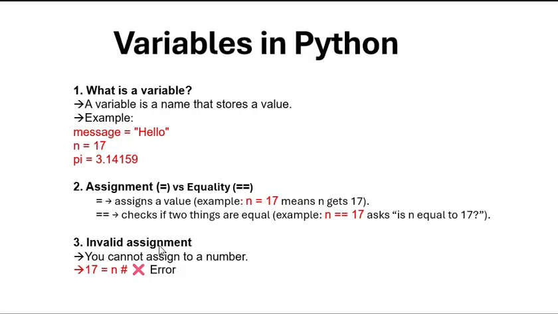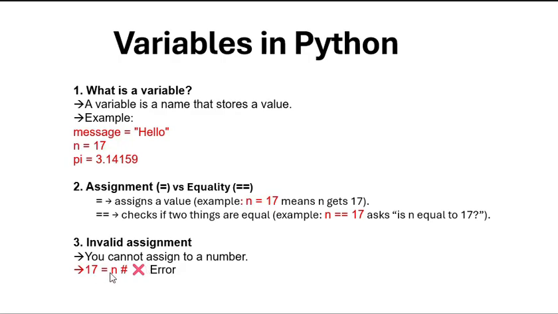Invalid assignment, let us see. You cannot assign to a number. For example, you can't take a number and assign some integer or anything to it. The variable should be a name like message, n, pi, then only will it assign some value to that variable, or else it cannot assign to a number.